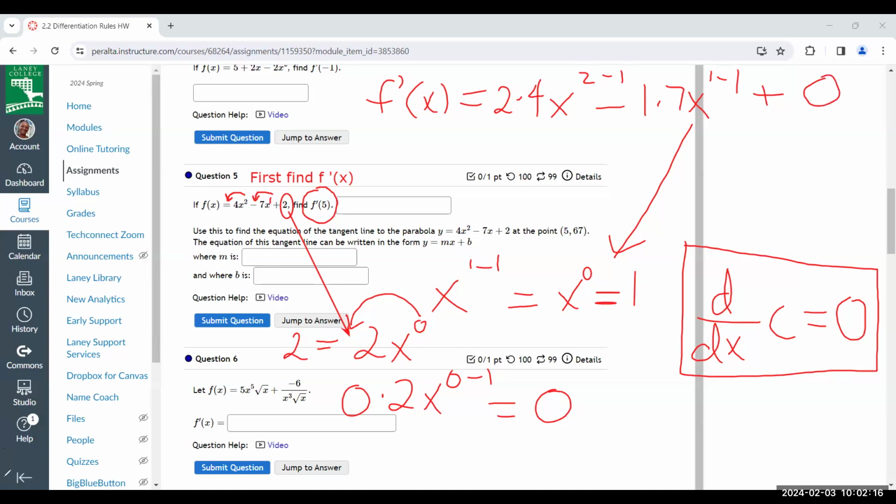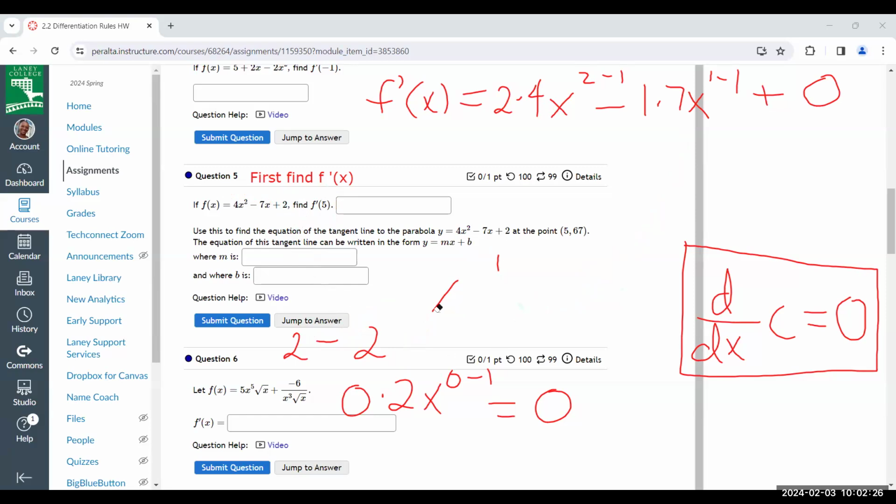Okay, so I'm going to get rid of a bunch of stuff that I've written. And now, what do I get to say? That my derivative f prime of x is 8. I have a hard time writing.